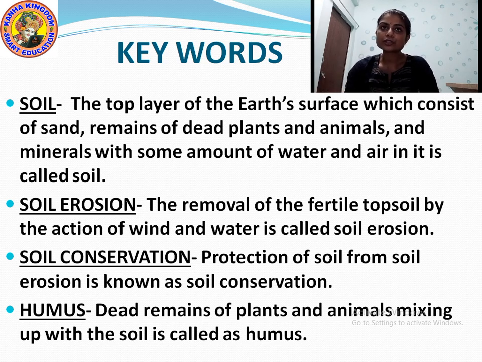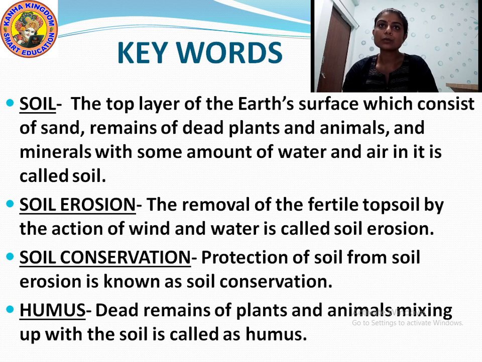And what is soil erosion? The removal of the fertile topsoil by the action of wind and water is called soil erosion. Understood? Then there are different factors by which this soil can get eroded apart from strong wind and heavy rainfall, that is cutting down the trees. If we even cut down the trees, the soil gets eroded. Why? Because the soil becomes loose. Understood? Then soil conservation.